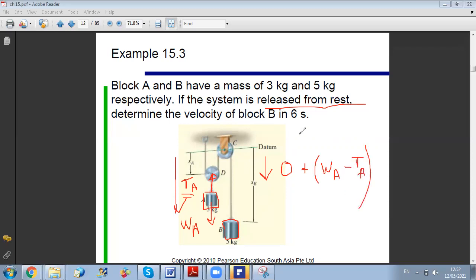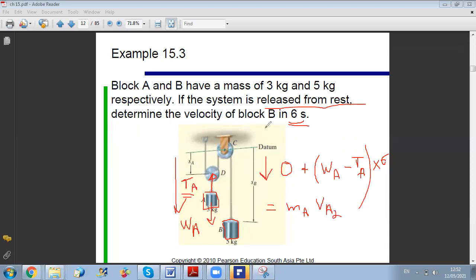Delta t is 6 seconds. So times 6, equals mass of A times velocity of A at state 2. Okay, this is the first one.